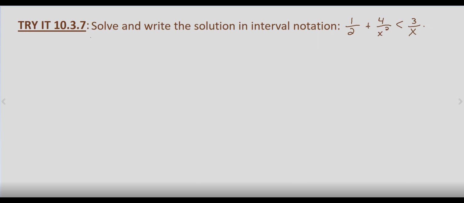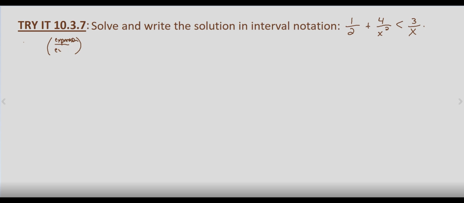Right now, our goal is always to get it in the form of some rational expression of x, and that includes a constant, and then less than 0. That's our goal, to get to just one rational expression on the left-hand side and then 0 on the right-hand side of the inequality.